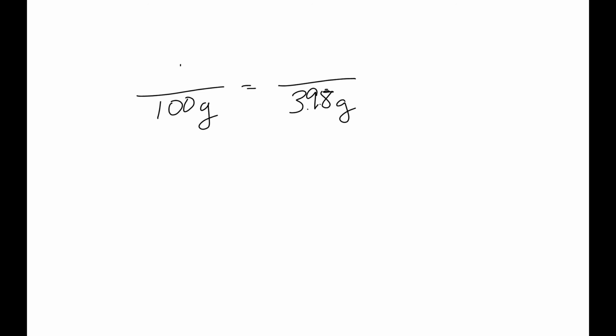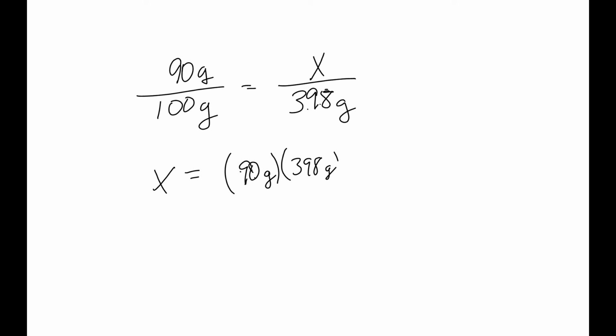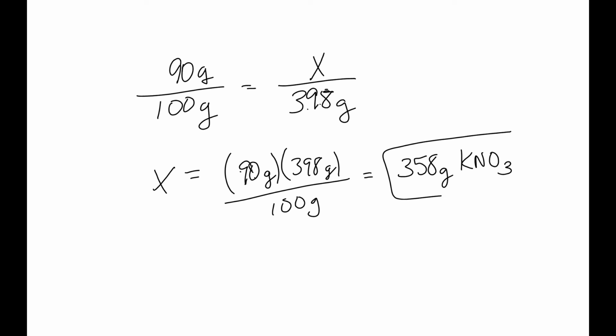Now, when we look at our curve, it's 90 grams of the KNO3 dissolved in 100 grams of water, so we just have to calculate X. Okay, so it's 90 grams times 398 grams divided by 100 grams. And this gives us 358 grams of KNO3. Simple as that.